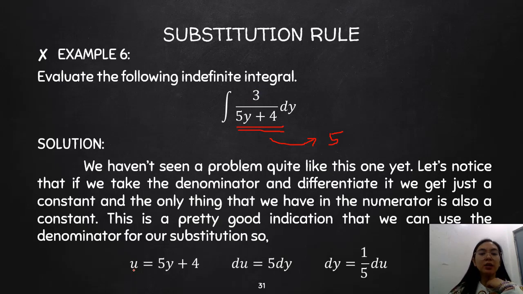So if we let u be equal to 5y plus 4, and we get the differential, you will get du equal to 5 dy, or dy is simply equal to 1/5 of du. We took dy because we will substitute it later.